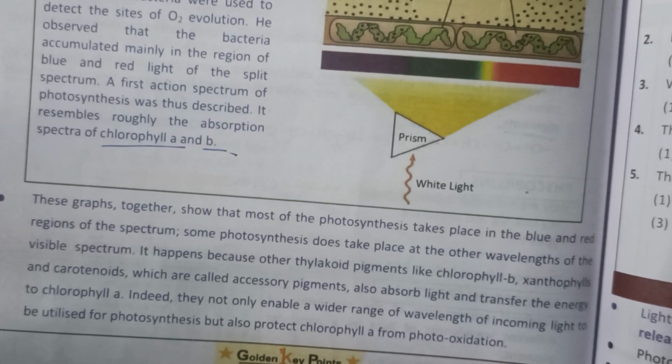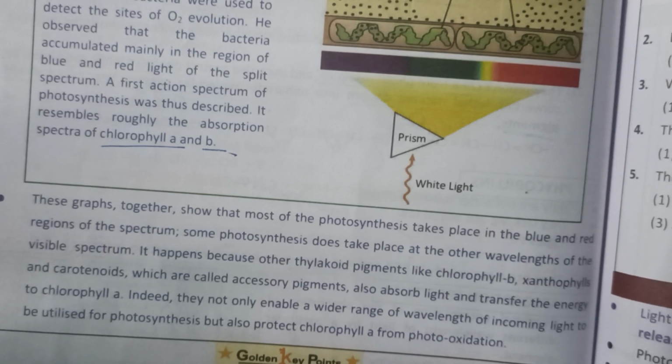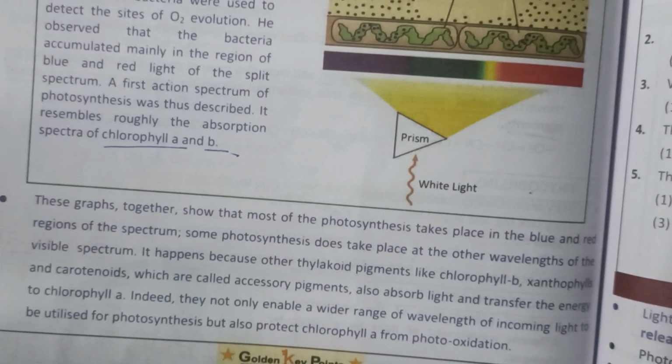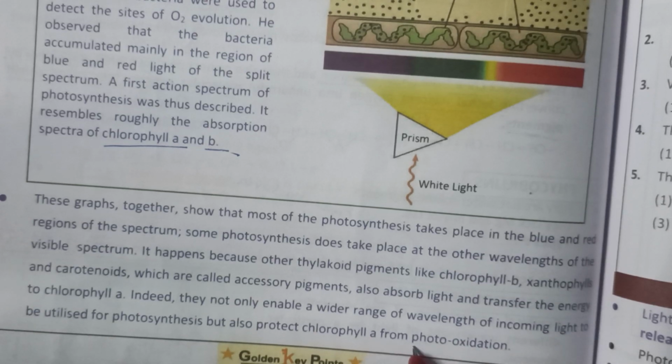It happens because other thylakoid pigments like chlorophyll, xanthophyll and carotenoids, which are called accessory pigments, also absorb light and transfer the energy to chlorophyll A. Indeed, they not only enable a wide range of wavelengths of incoming light to be utilized for photosynthesis, but also protect chlorophyll A from photo-oxidation. This is very important.